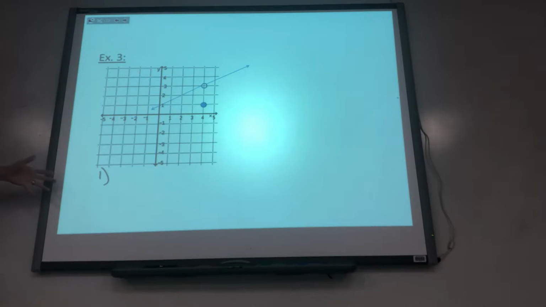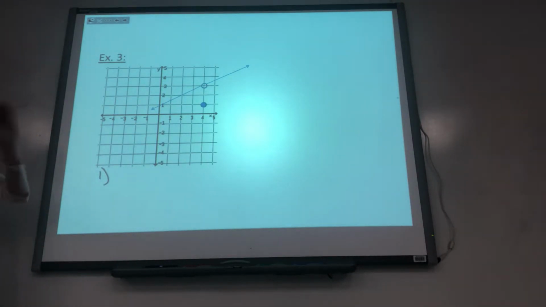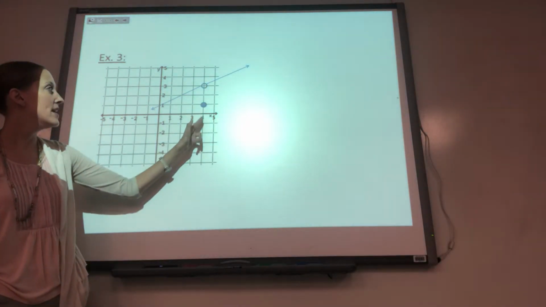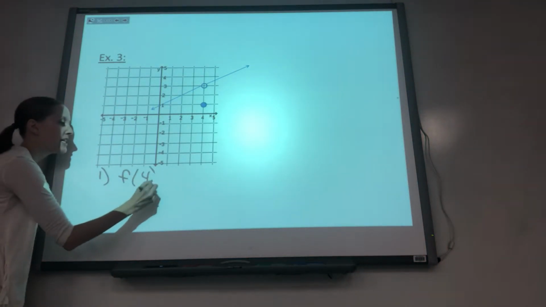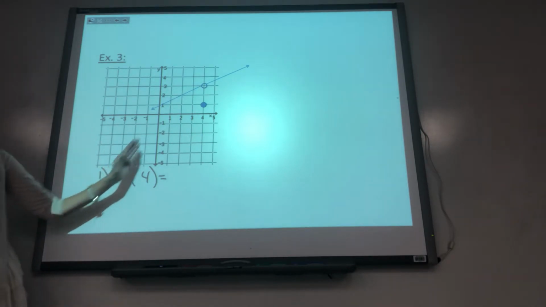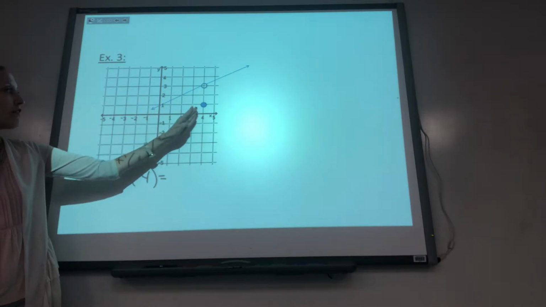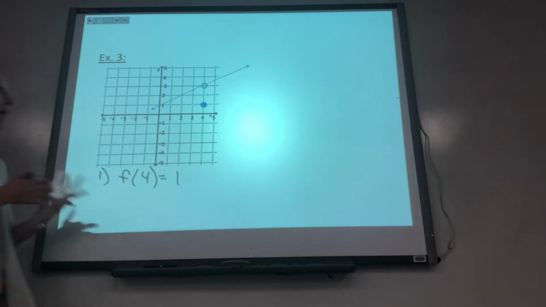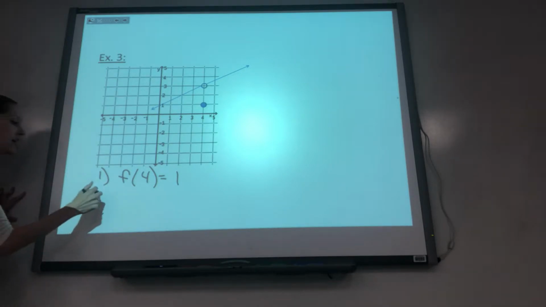You don't have to write all this down every time, but condition 1, and again, I'm looking for problem areas. The problem x value is right here where x is 4. So for condition 1, we have to make sure that f of 4 is defined. What would you say f of 4 is? 1. That is what the function equals when x equals 4, so that's good.